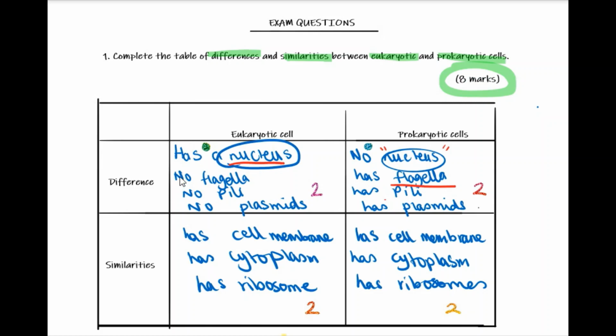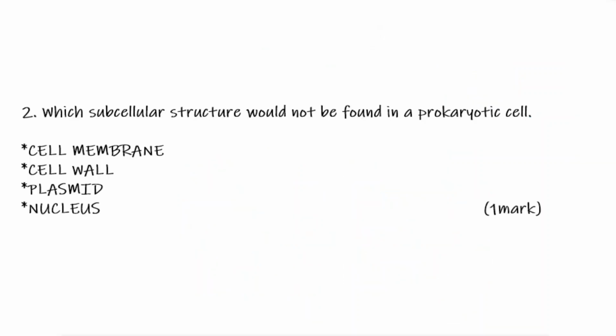Then we can mention any one of these 3 here for eukaryotic, and in the same way any one of these 3 here. In the same way, we can mention any 2 from this area here and any 2 from this area here.